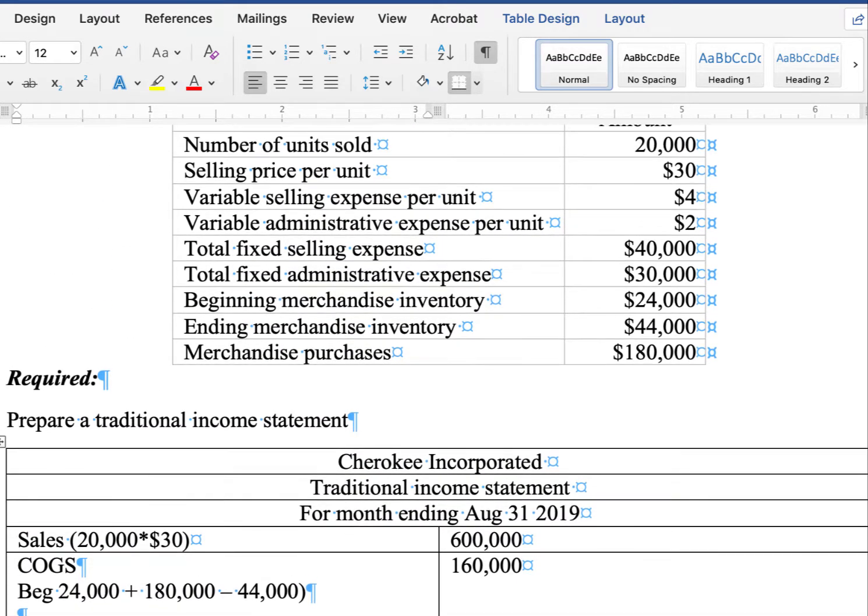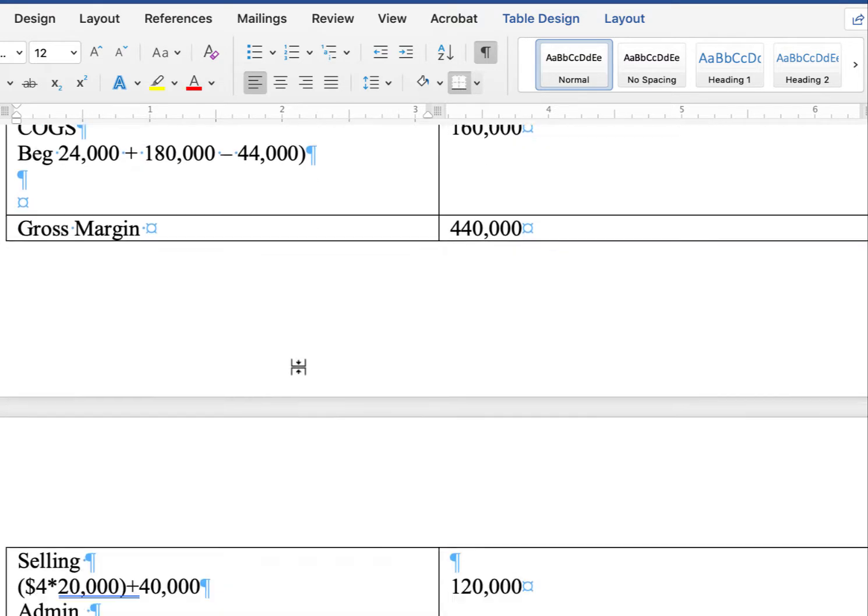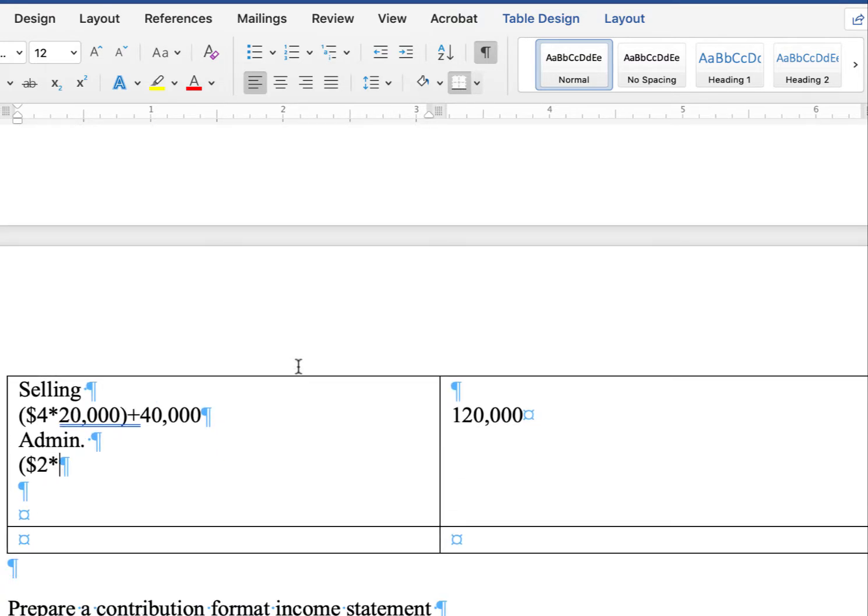The problem tells us variable administrative expense is $2 per unit. So I'm going to take my $2 times the 20,000 units that I sold, and then add the fixed portion of the administrative expense, which is $30,000.